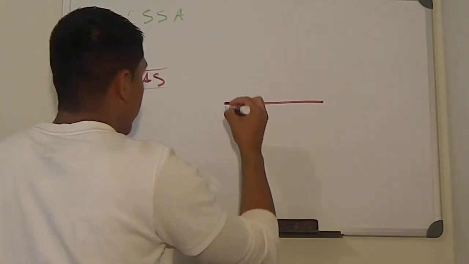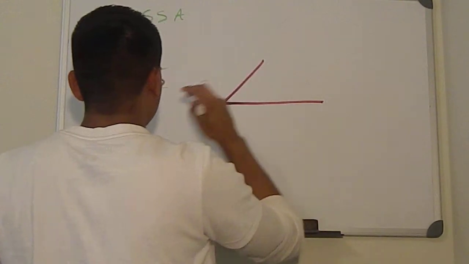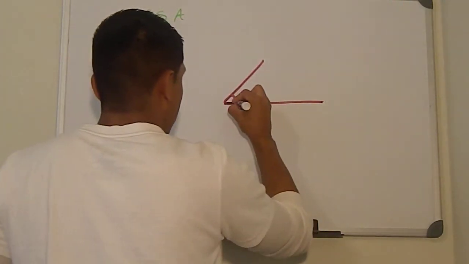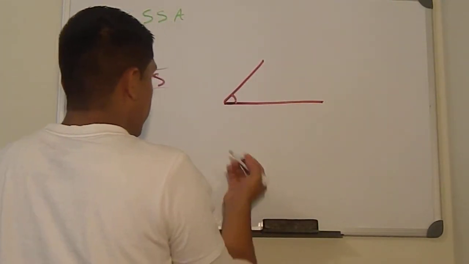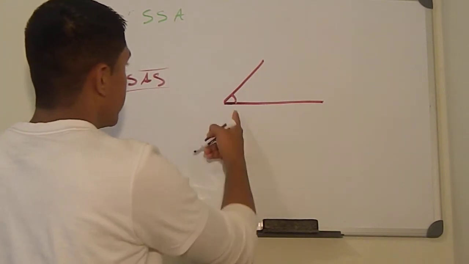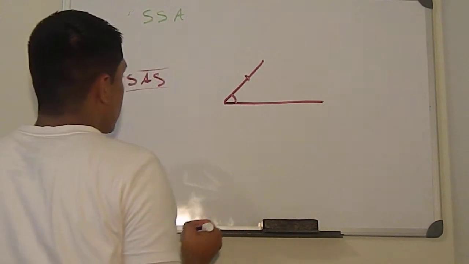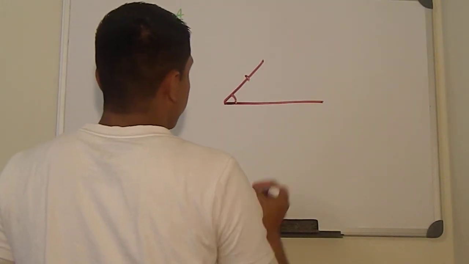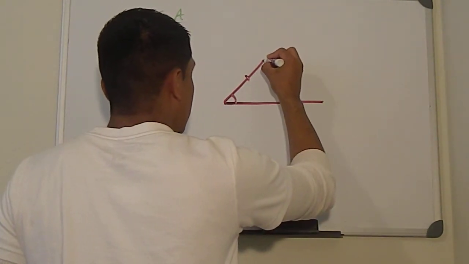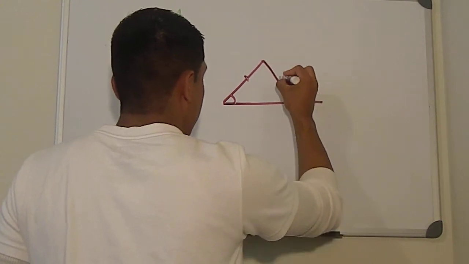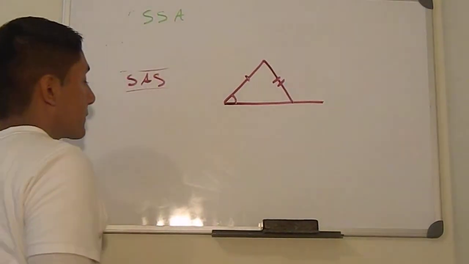If you have a triangle with an angle, let's say this, with an angle, okay? Your angle. You have this side and this length here.